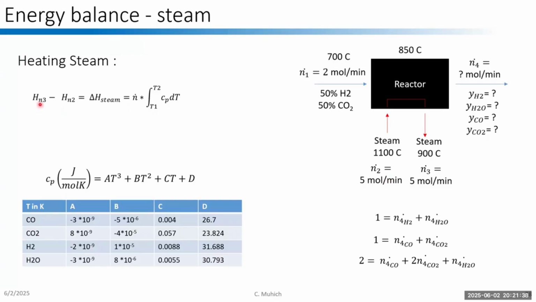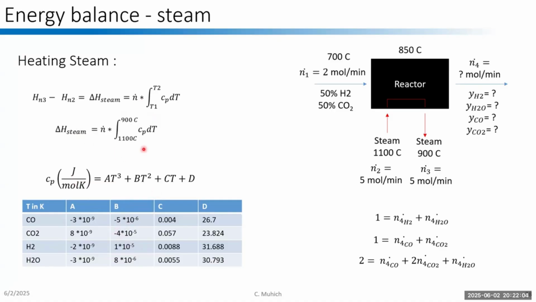So I have N3 minus N2 is the delta H of that steam. And from the definition, it's our molar flow rate of the steam times the integral from T1 to T2 of the heat capacity. Right? Here's this chart down here that we're going to use to fill this in.